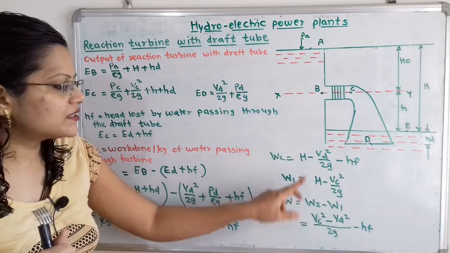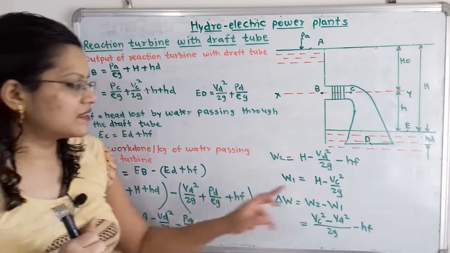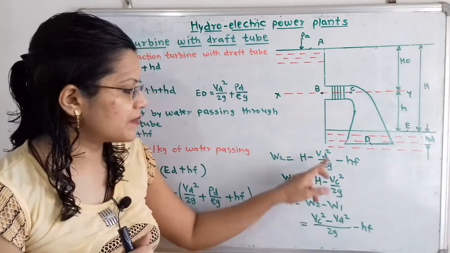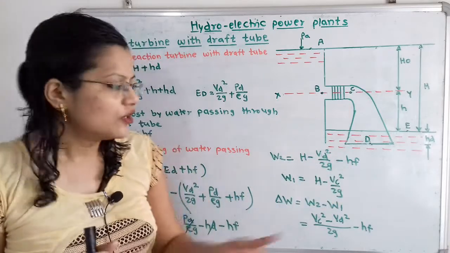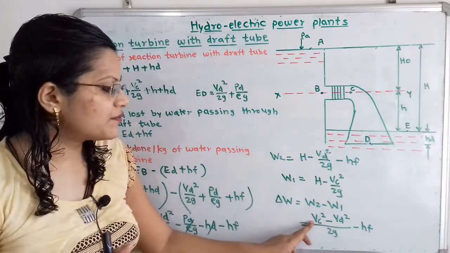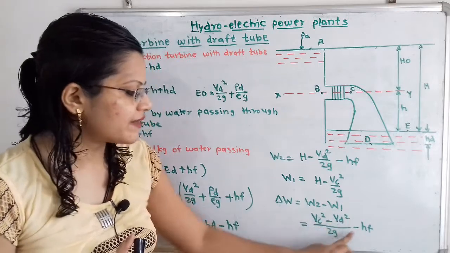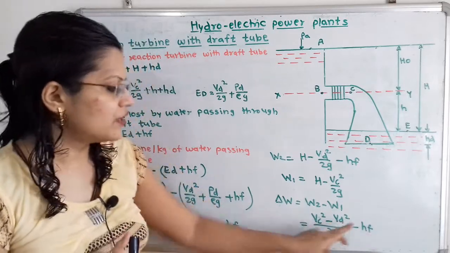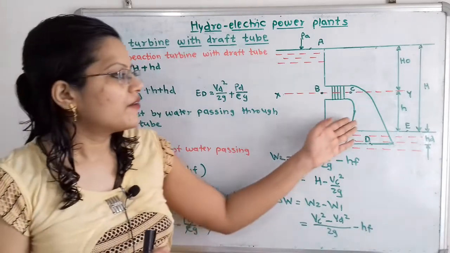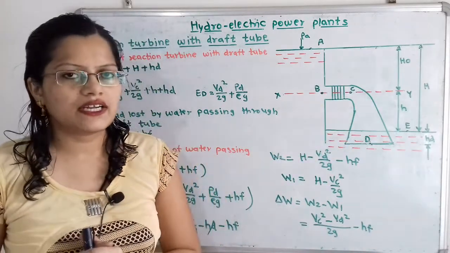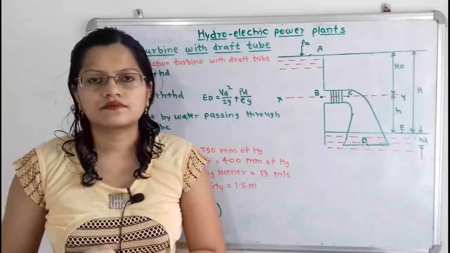So this plus H and minus H is getting cancelled, and it will become plus Vc square by 2G minus Vd square by 2G minus HF. So this 2G is common. So I will write Vc square minus Vd square divided by 2G minus HF. So this is the formula to calculate the extra work done when draft tube is getting connected to the turbine.